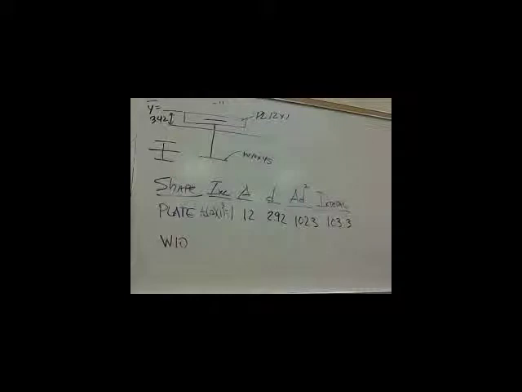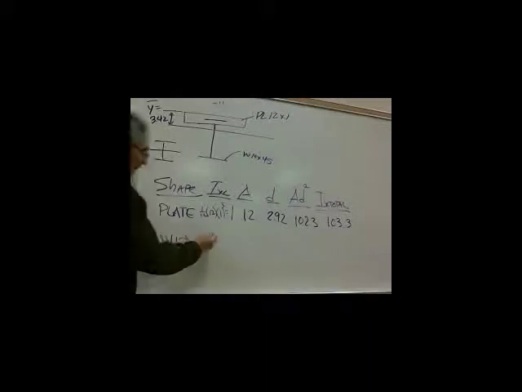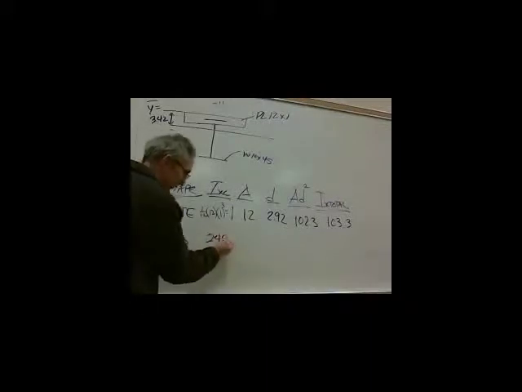One of those properties happens to be I, the moment of inertia. So if I look down at the W10 by 45, and look at the moment of inertia about the x-axis on page 603, what does the table give me? 248. Again, that's inches to the fourth.